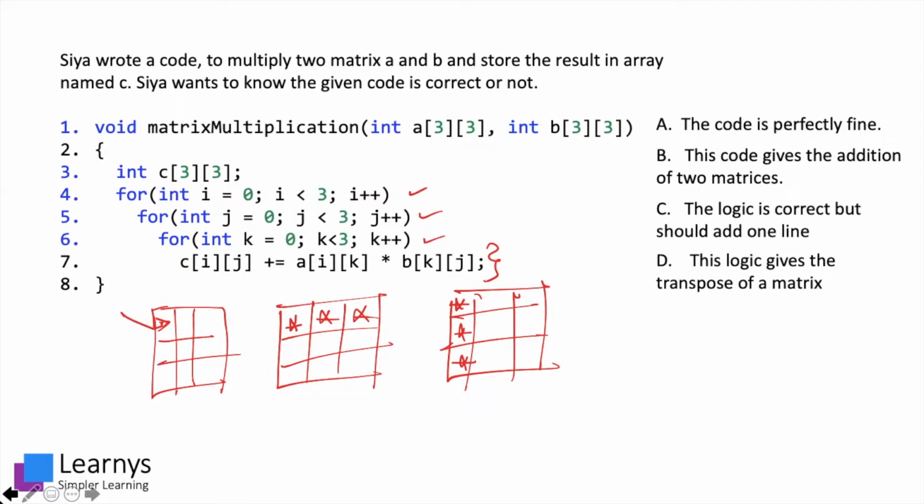So yes, as you can see here, there is a logical error. If you look at the options, first of all, the code is not fine. It does not produce addition and does not do transpose. So there is a logical error. The logic is correct, but there should be one more line.